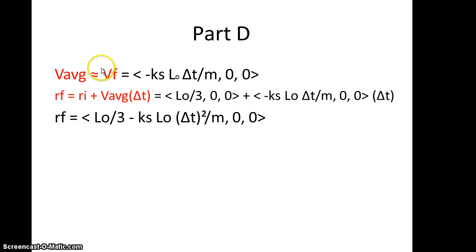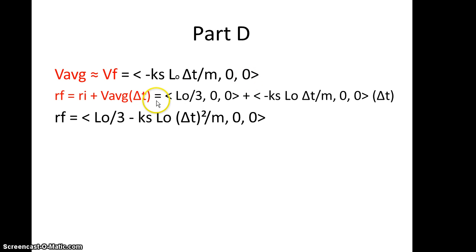So in this, we know the updated position formula, which is final position equals initial position plus v average, which is velocity average, times the change in time. In this case, v average is equivalent to the final velocity, which we found in the previous problem.